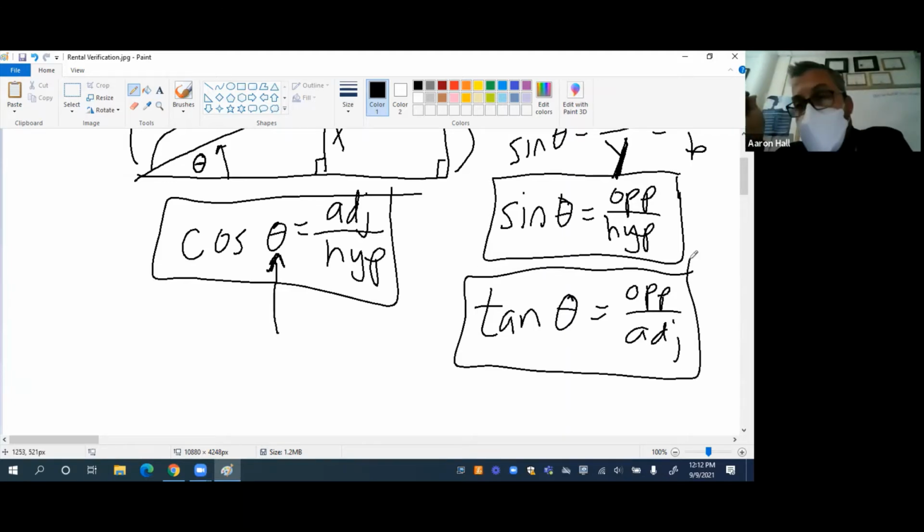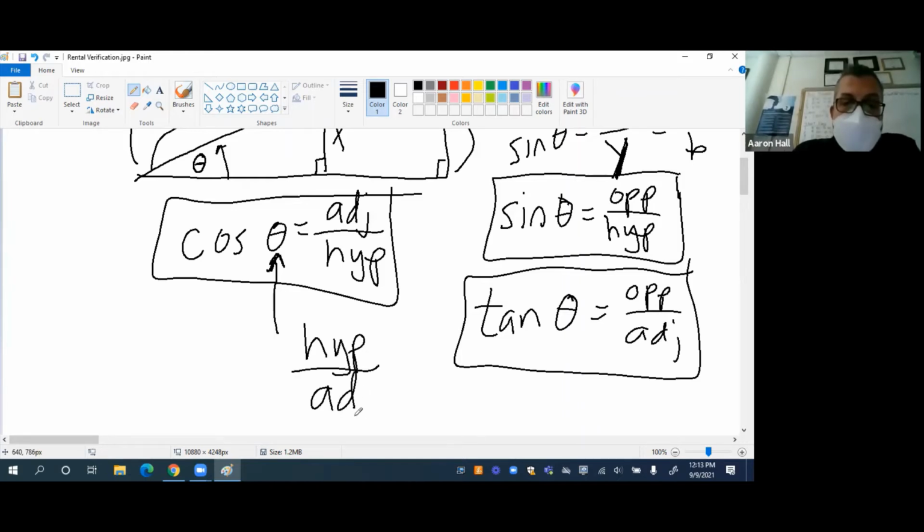Now, really, I would argue that you really just need to know these. To do all trigonometry, you just need to know these. But then some mathematician decided that to make things more simple, we're going to introduce all of the reciprocals as well. So somebody decided that it would be a good idea to have something else that is our hypotenuse over adjacent. Now we have a special name for that. Does anybody know what that is? Secant.